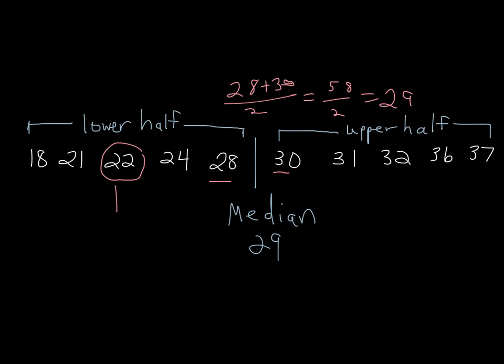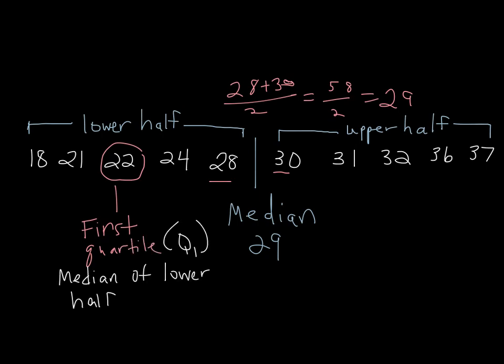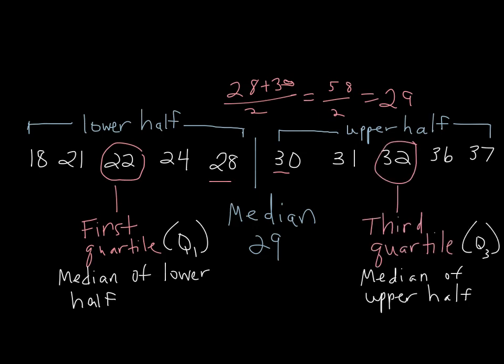This one would be what we call the first quartile, and sometimes we just call that Q1, and that's again the median of the lower half of data. Then when we look at the upper half of data, we look for the median of the upper half, and again there are 5 data values, so 32 is directly in the middle, and this one is known as our third quartile, or sometimes we call it Q3.